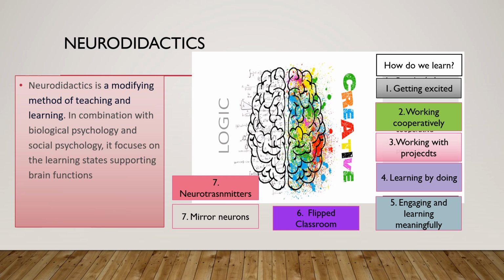To start with, the brain works when we excite the brain, when we ask the brain to work cooperatively and with projects, by learning meaningfully, by using flipped classroom, that is getting students to read and do activities before we are in class, by asking students to work together and ask others to help, and by taking into account neurotransmitters.